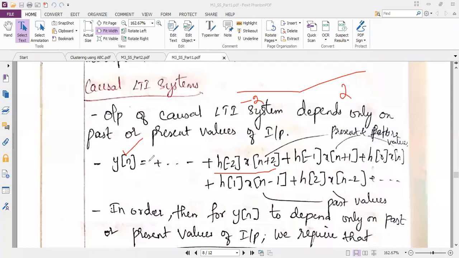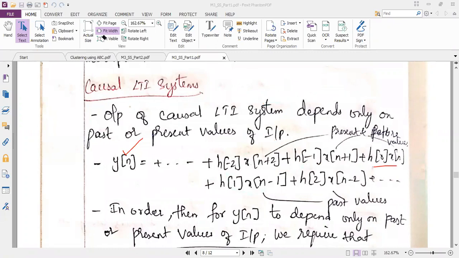When I expand y of n, it is h of -2 into x of n plus 2, plus h of -1 into x of n plus 1, plus h of 0 into x of n, plus h of 1 into x of n minus 1, plus h of 2 into x of n minus 2. This equation is similar to the previous equation under memoryless systems.